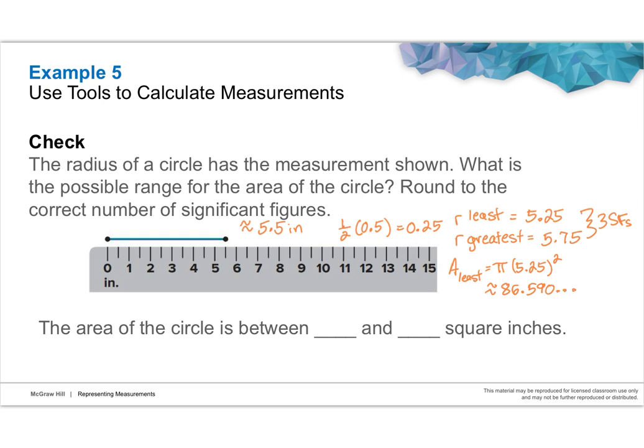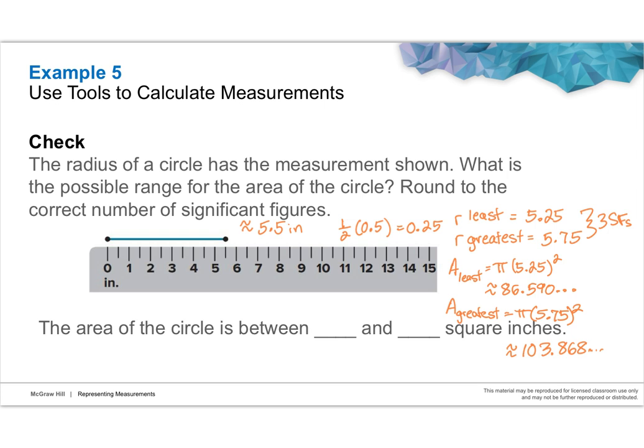Probably don't need more than that to judge. And then our greatest area is calculated from pi times using that higher value for the radius of 5.75 and squaring that, we get 103.868.